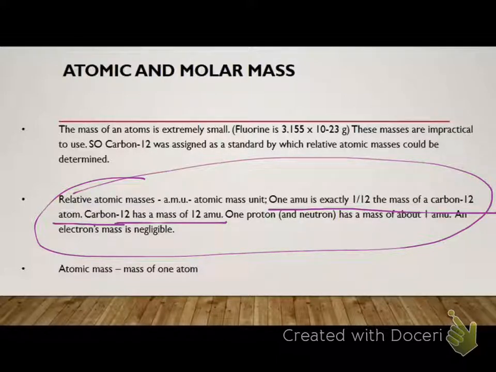With this system, one proton or neutron has a mass of about 1 AMU, and the electron's mass is negligible, because remember, we said a proton was 1,800 times heavier. This works out great because if I find out the mass of something, I can figure out how many atoms there are, which we're going to get to later. So that's how an AMU is defined.